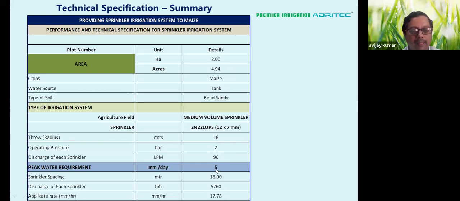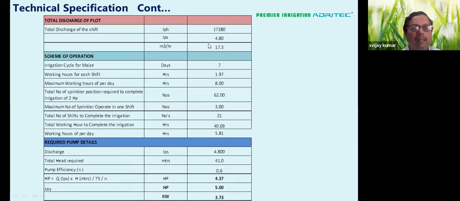Just punch in the data and automatically the entire calculation for the discharge, number of sprinklers, the irrigation cycle, and the entire thing will be worked out. And as you can see, the complete calculation is worked out here. Whatever I explained to you step by step is just summarized in an Excel table, and it's very simple. You can develop this Excel sheet very easily, and therefore we arrive at the entire thing.